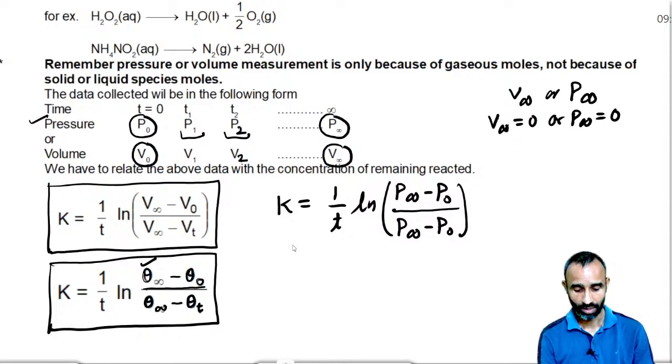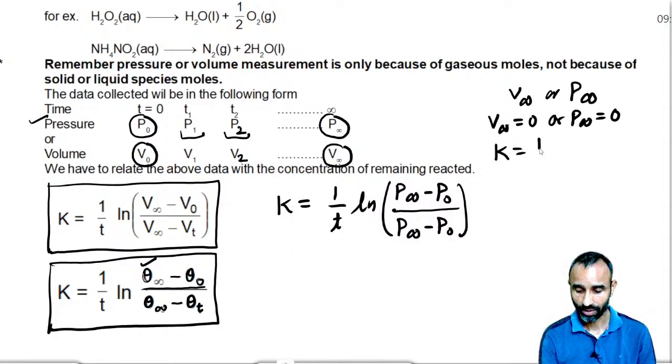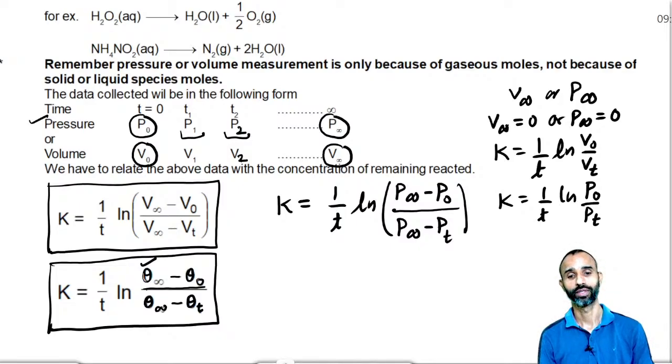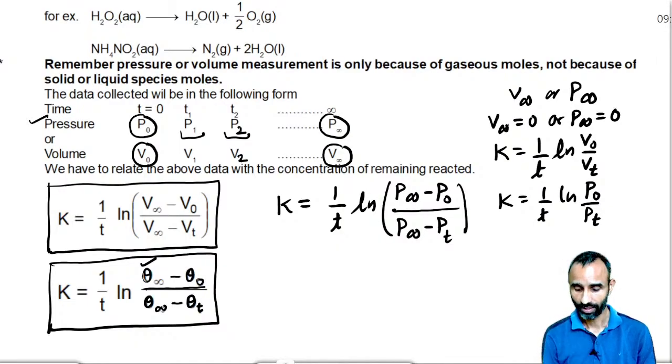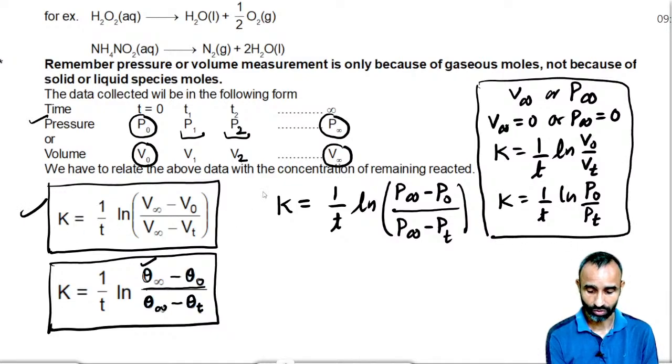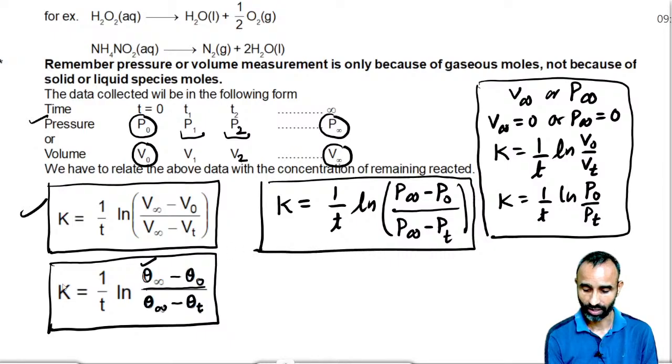So this equation is modified as k equal to 1 upon t natural log of P naught by Pt. So whatever is not given, just take it as 0. These three are general expressions, okay?